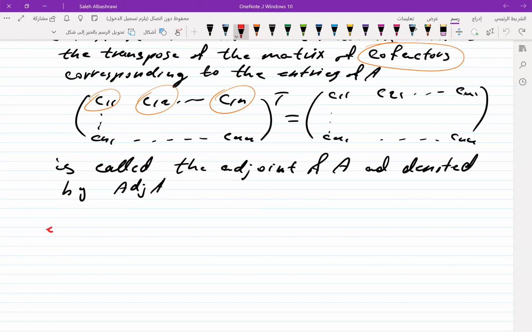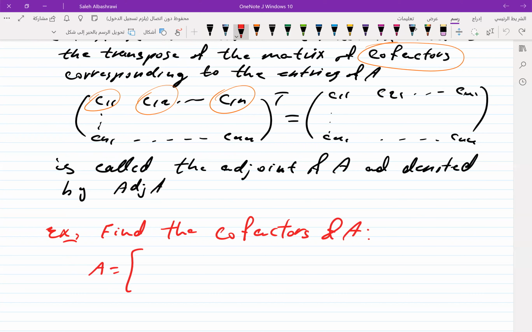For example, let's find the cofactors of A, where A is given by the matrix 2, 2, 0; minus 2, 1, 1; and 3, 0, 1.